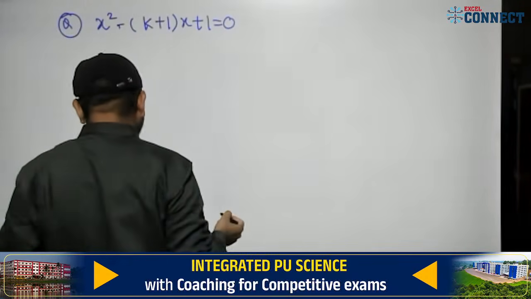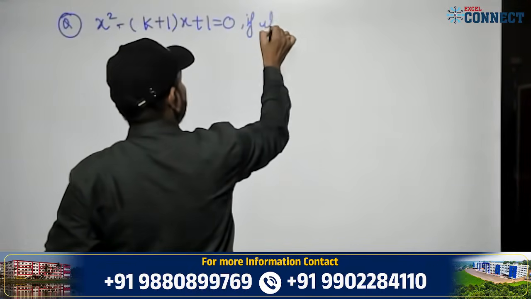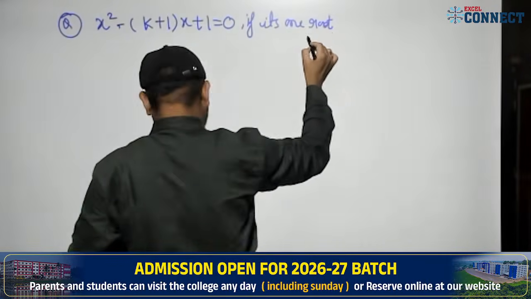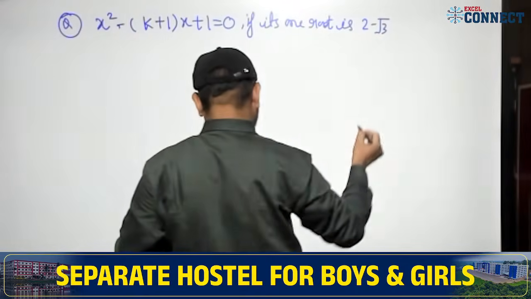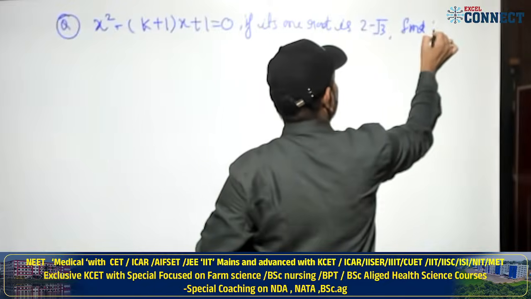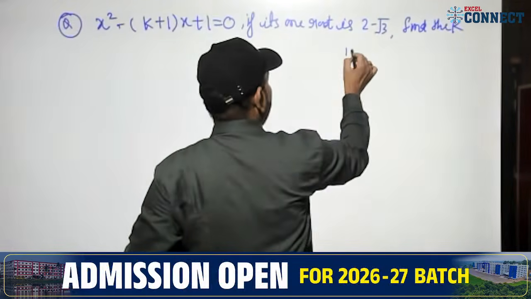If one of its roots is 2 minus root 3, find k, if k is a rational number.